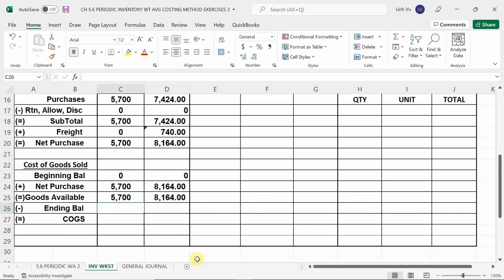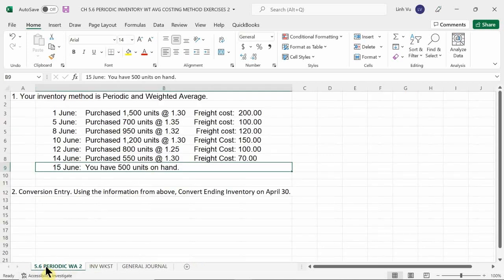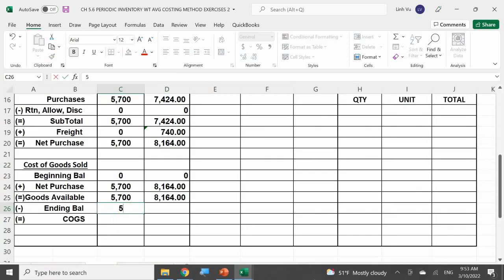So now, what was our ending balance? In this case, my scenario says that you have a total of 500 units left on hand. So 500 is your number. How many units did you sell? If you started with 5,700 and you have 500 left, 5,200. Okay?